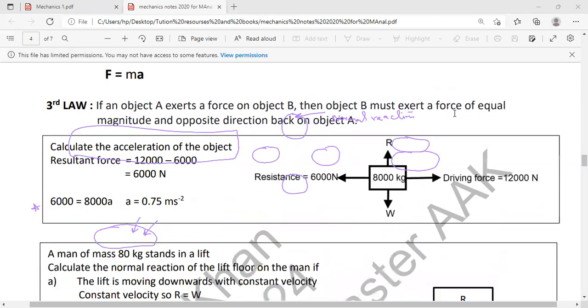Any question about this? Let's suppose here is an object on which you can see some resistance and forces. Calculate the acceleration of the object.